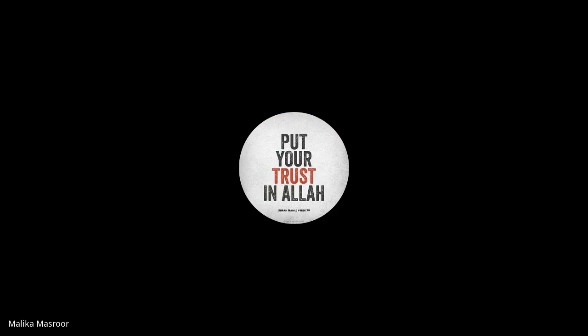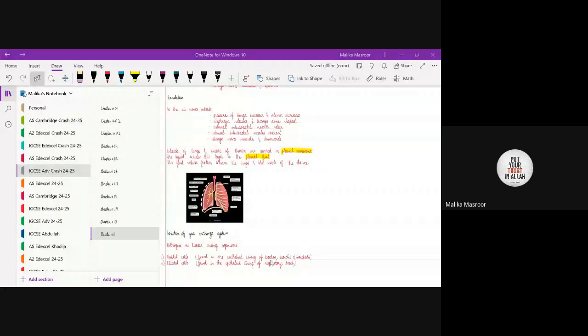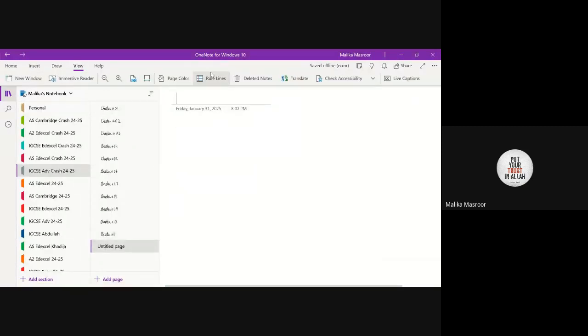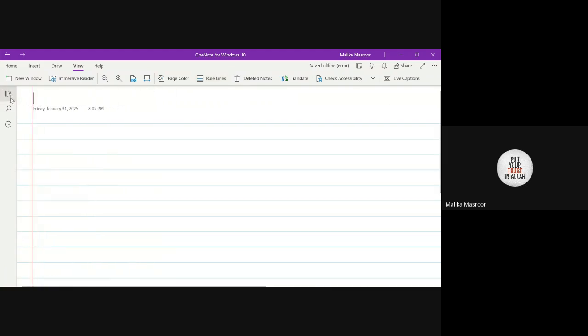But yesterday we ended on chapter 11. We finished it off, respiration and gas exchange. Today we're going to start off with an important chapter, chapter 12, coordination and response. It will take some classes to finish off. It's a long chapter.